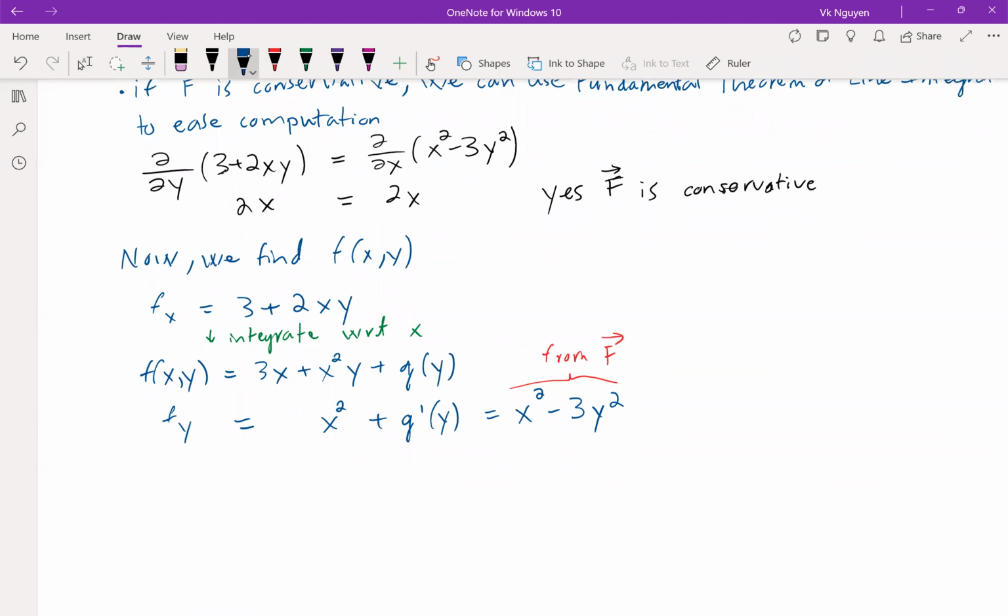Okay. g prime of y is equal to negative 3y squared.